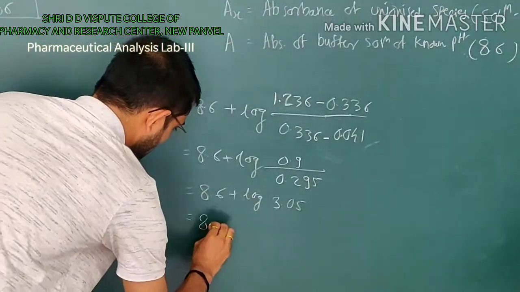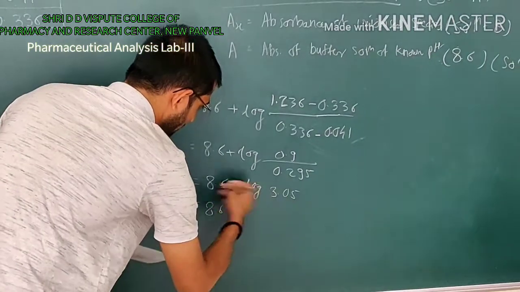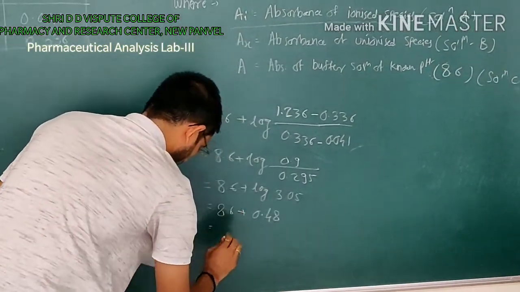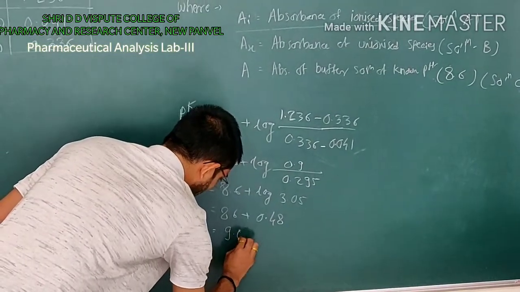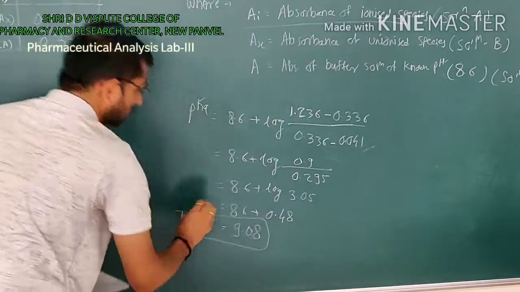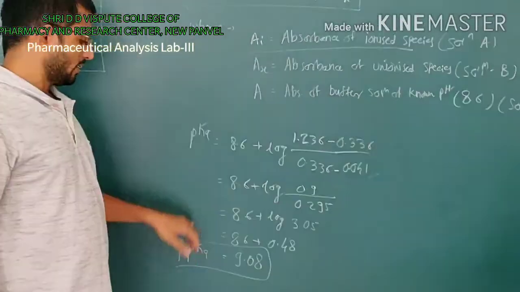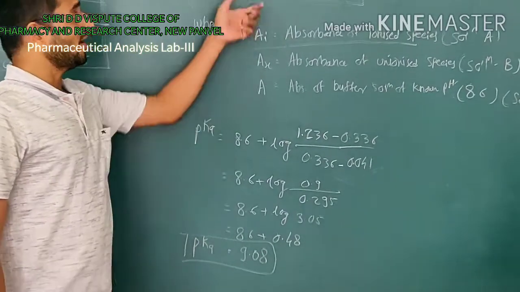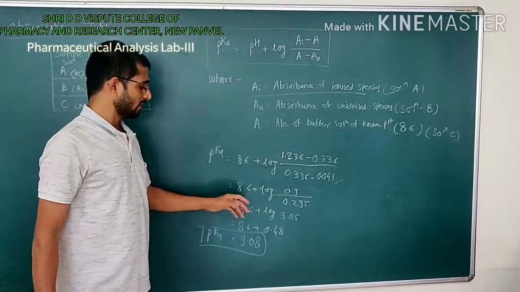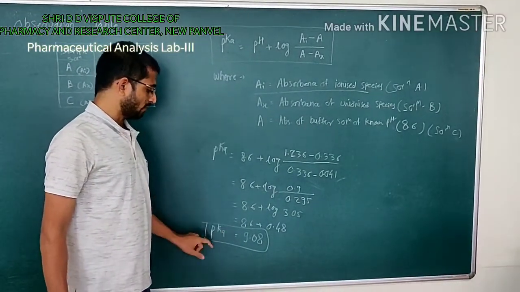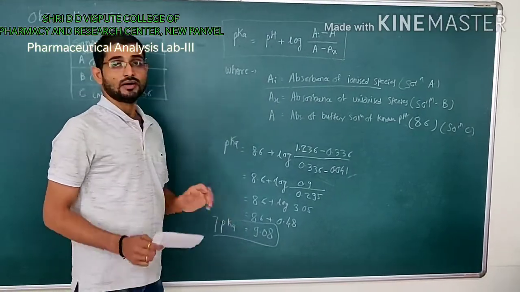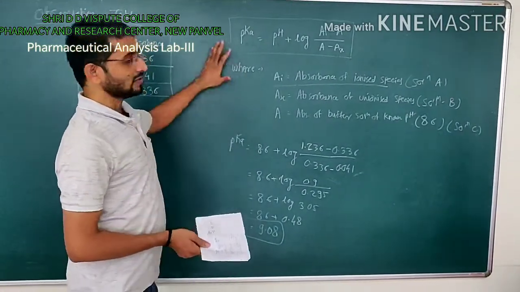Calculating the log, 0.48, so the result is 9.08. pKa is the acid dissociation constant, so the value is constant and has no unit. After putting the values of AI and AU in the equation, the pKa of paracetamol is 9.08. This is the pKa value of paracetamol by using this equation.